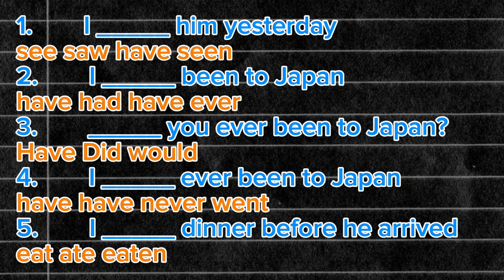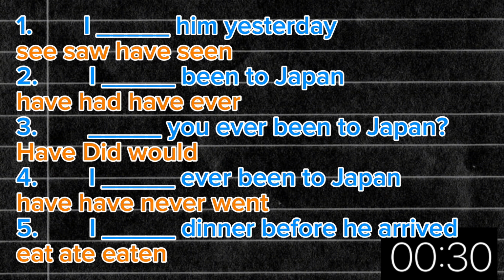Have, had, have ever. 3. You ever been to Japan? Have, did, would. 4. I, ever been to Japan? Have never, went. 5. I, dinner before he arrived. Eat, ate, eaten. So I'll give you 30 seconds to look at this. Then I'll give you the answers.